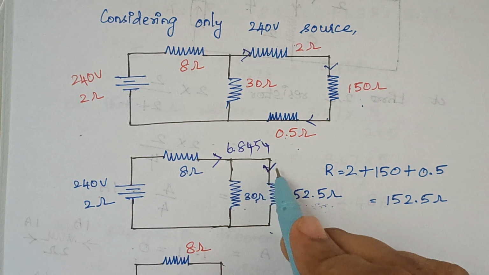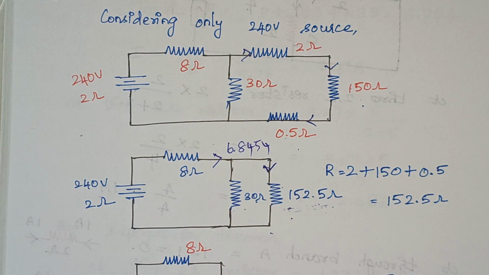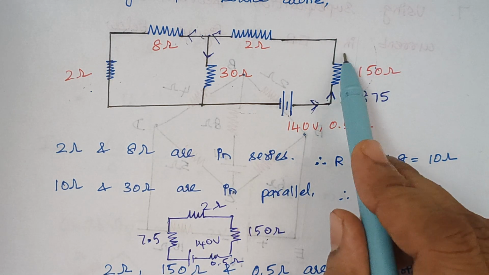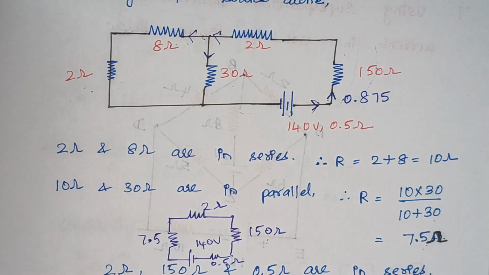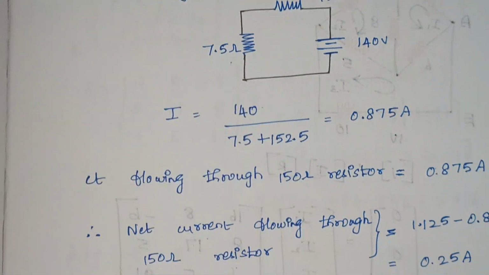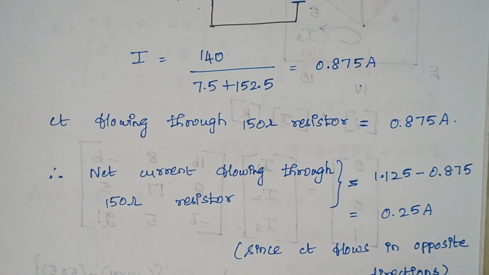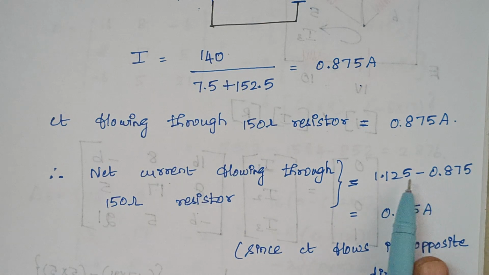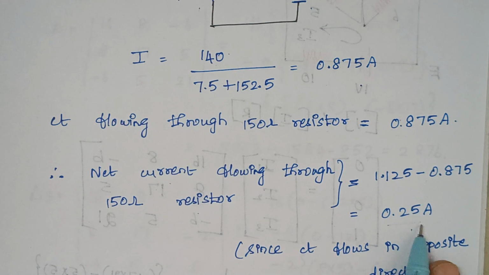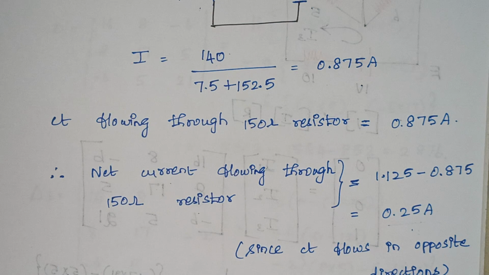So the current directions are opposite to each other. Therefore, to get the net current flowing through this resistor, we subtract the two, and the answer is 0.25 amps. So the total current that flows through this 150 ohm resistor is 0.25 amps.